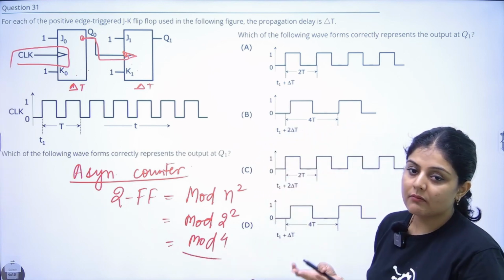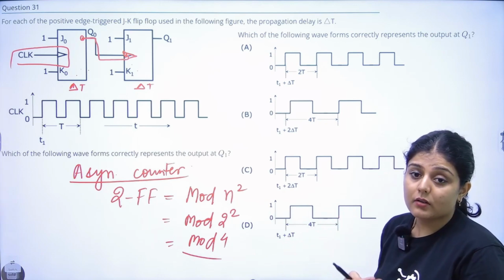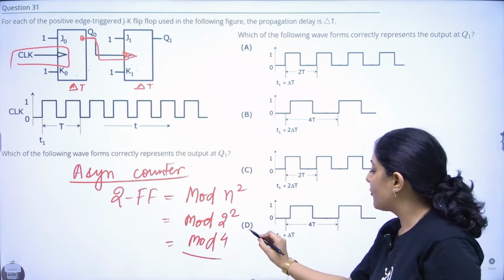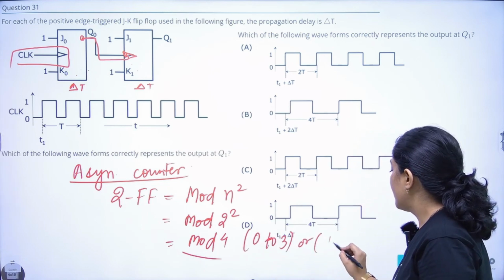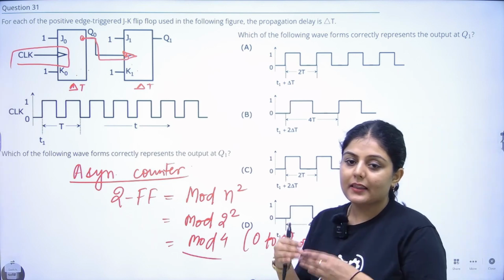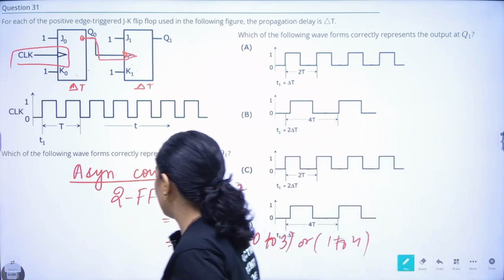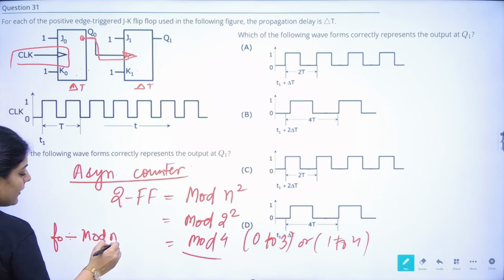We now know the mod, now what does mod do? Mod means it will repeat itself after 4 cycles, be it from 0 to 3 clock or from 1 to 4 clock. That is the meaning of mod. That means it will repeat itself after 4 cycles. That means if the original clock frequency is f0, the frequency will be divided by the mod value, right?